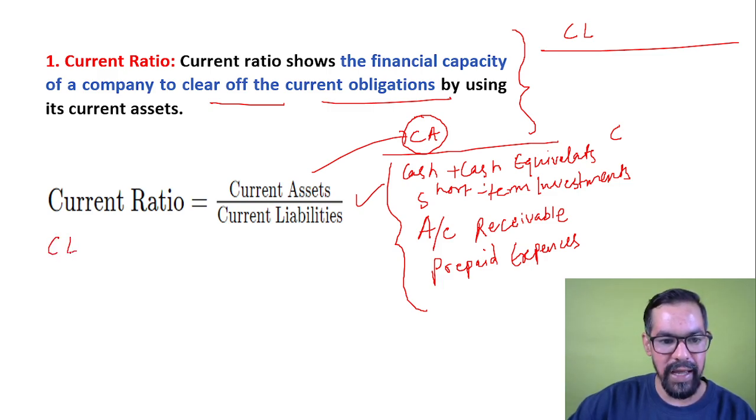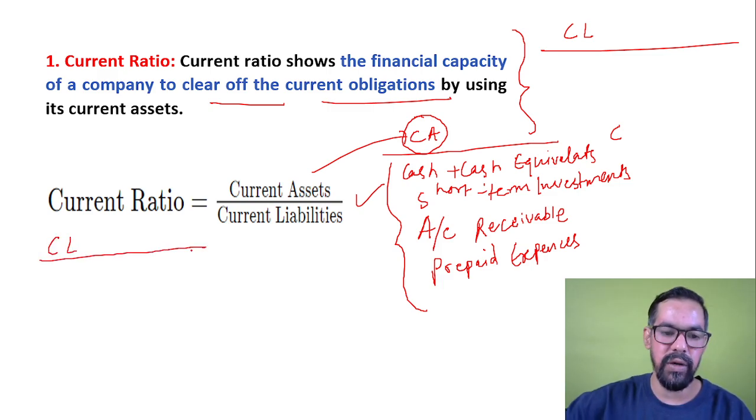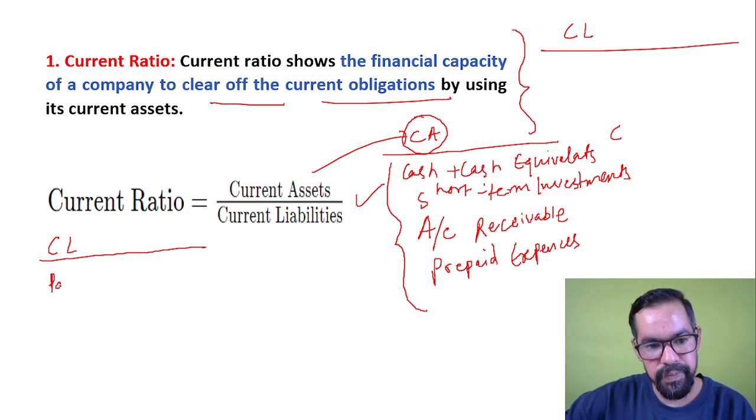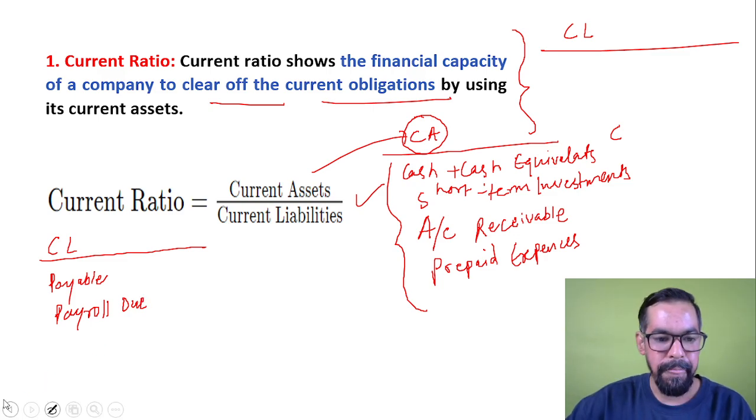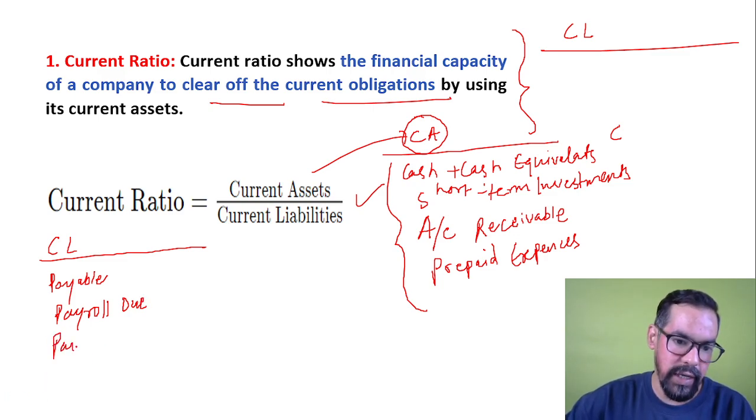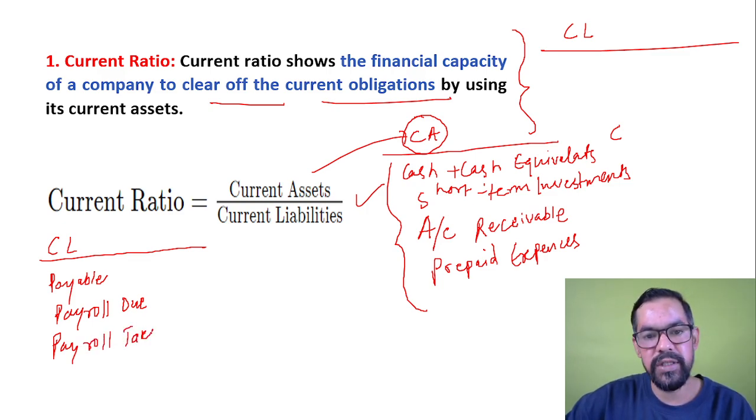Current liabilities, under this particular one, we have payables. Okay, payables, and we have payroll dues, which include salaries and other things. We have payroll taxes, which are again part of this.